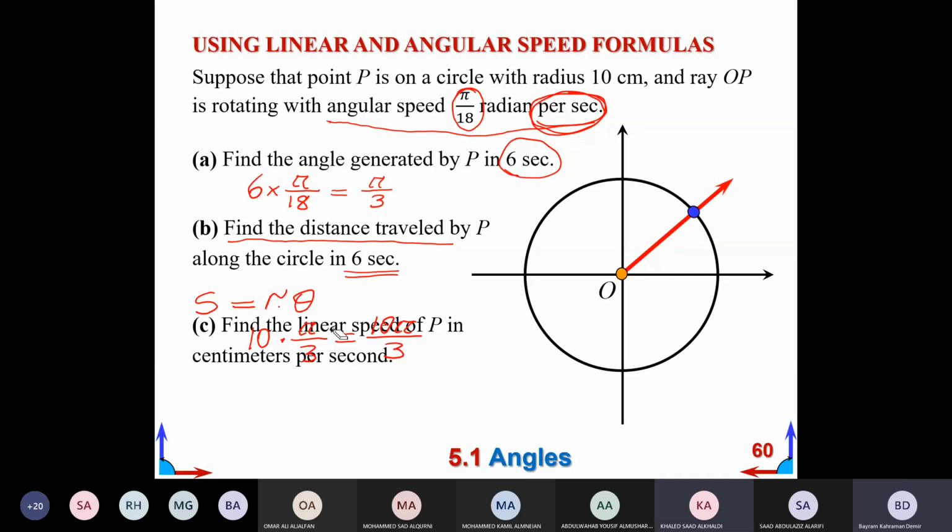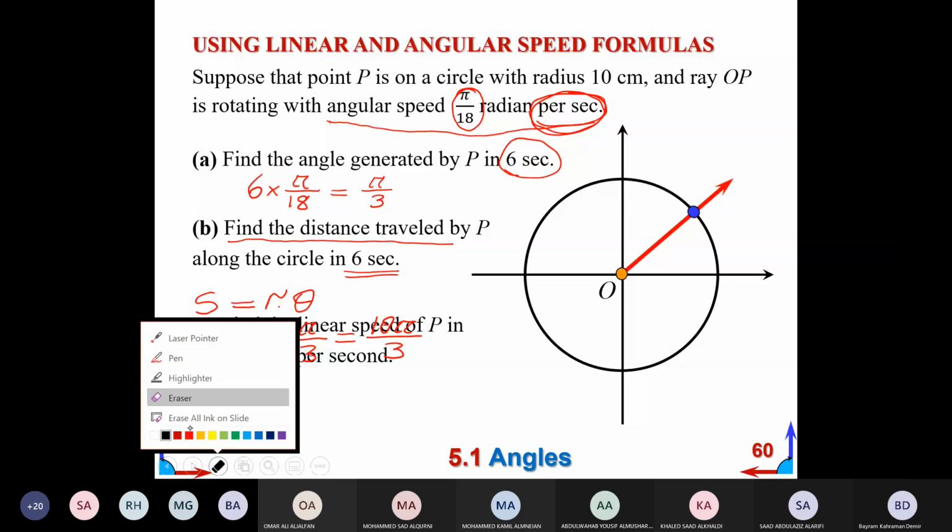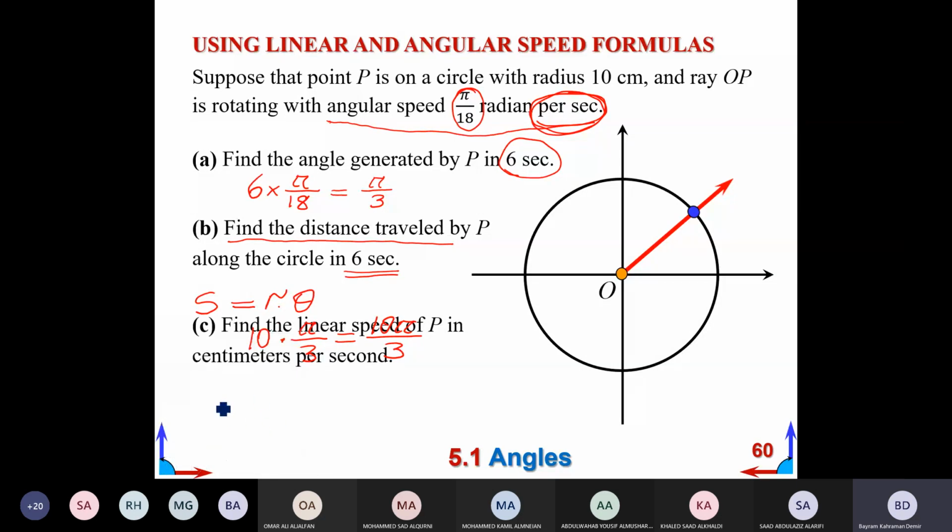Now part C: find the linear speed of the point in centimeters per second. Let's find the linear speed now. Linear speed is equal to r times omega, or S, yani distance, divided by time.